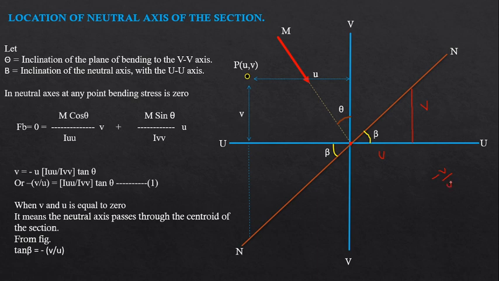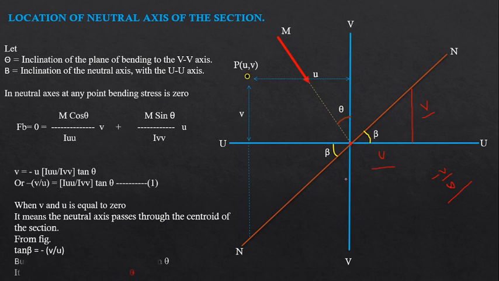As we saw in the last slides, for a coordinate in the fourth quadrant, U is negative and V is positive. So tan beta will be equal to minus V upon U, where this is the perpendicular and this is the base.